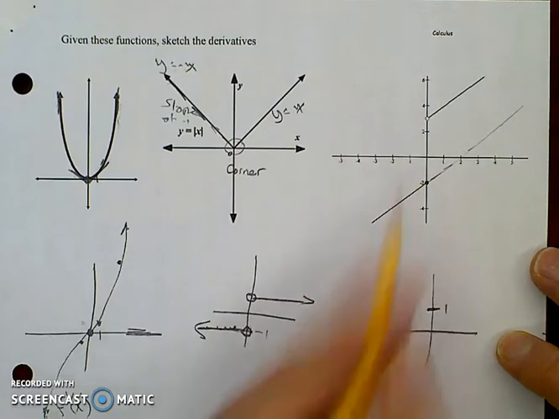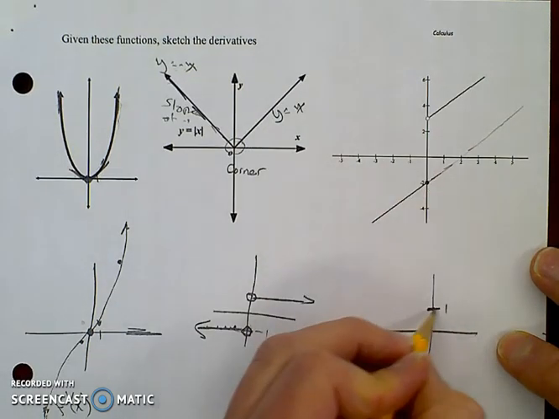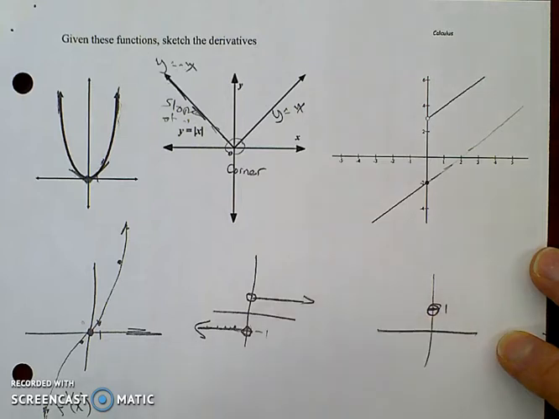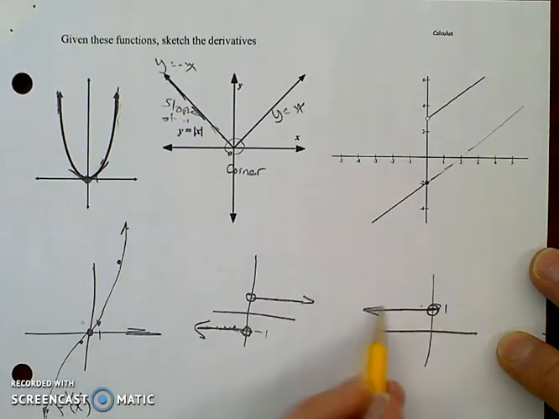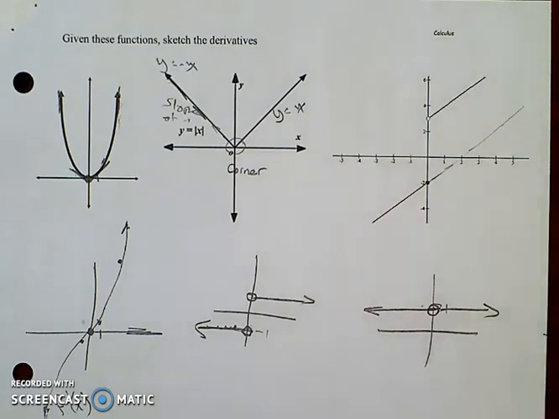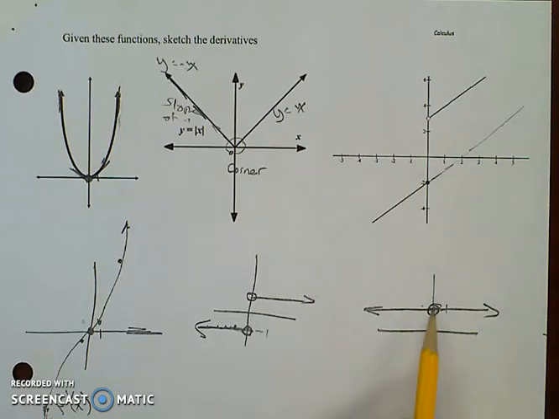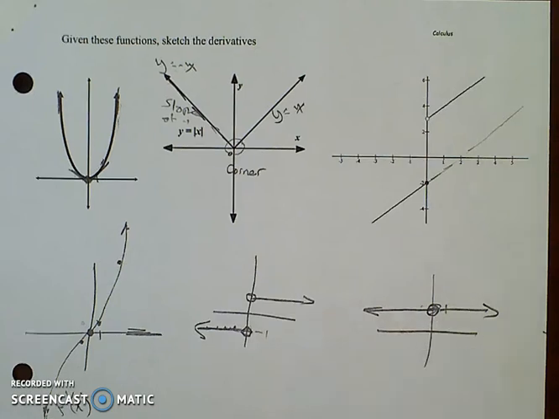Notice that a derivative does not exist at a jump discontinuity. So we're going to put a good old open circle there. And the slope is constant anywhere except at x equals 0, from negative infinity to infinity. So that's the derivative. Open there, and the slope is just 1 everywhere else.